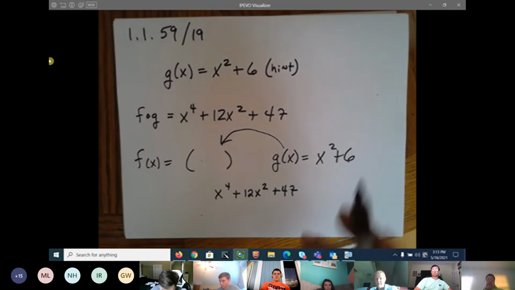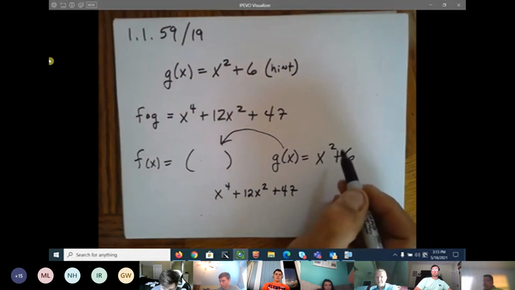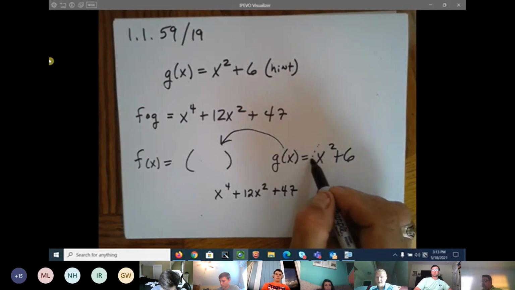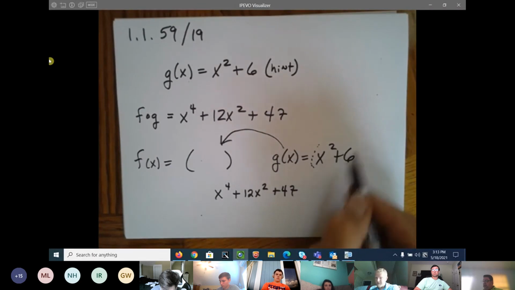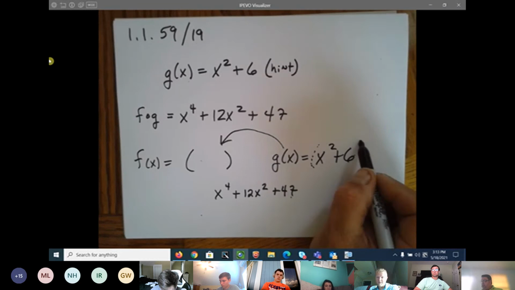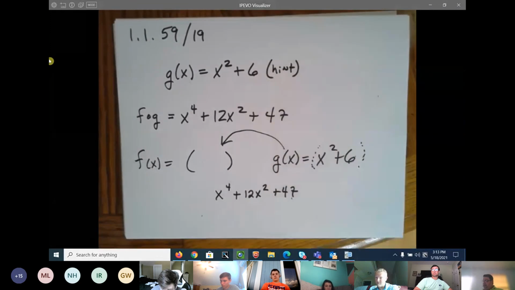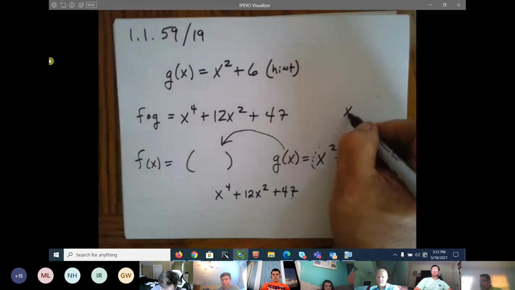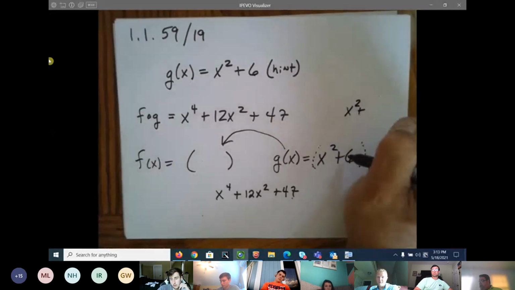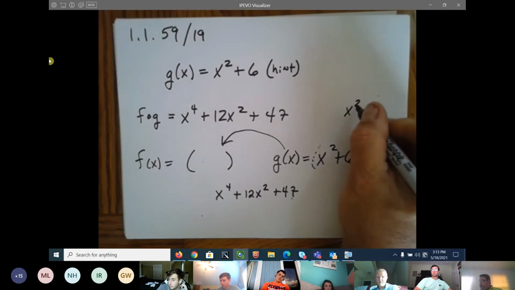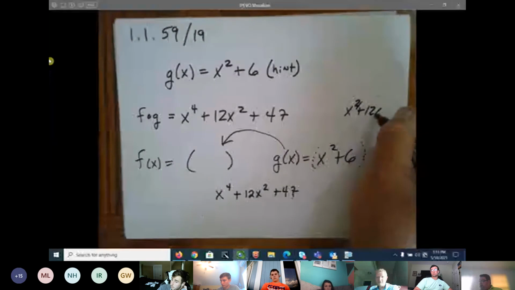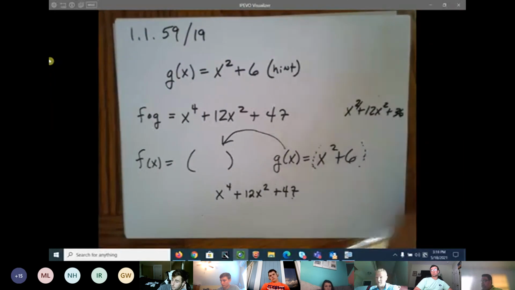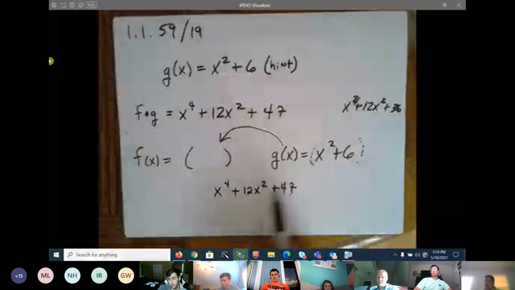Well, just think about squaring this, see what we get. Just for giggles, you know you're not going to get 47 from 36. But let's just see what it comes out to be. If you use shortcut number 1, that's going to give you x to the 4th plus 12x squared plus 36. How far am I off?